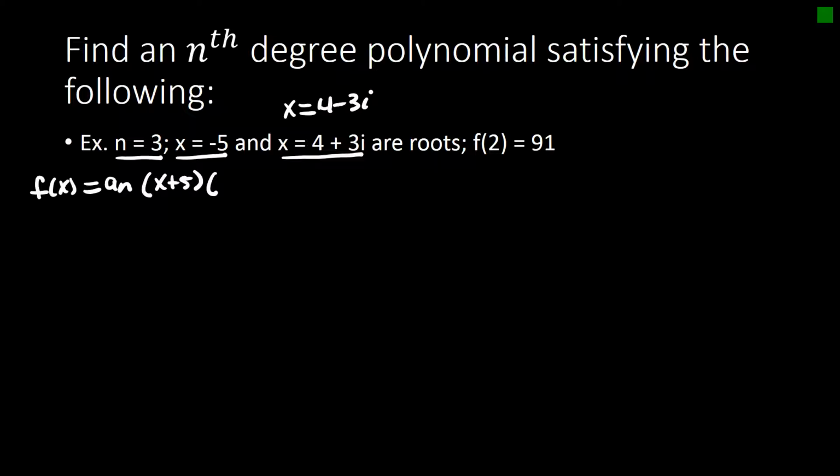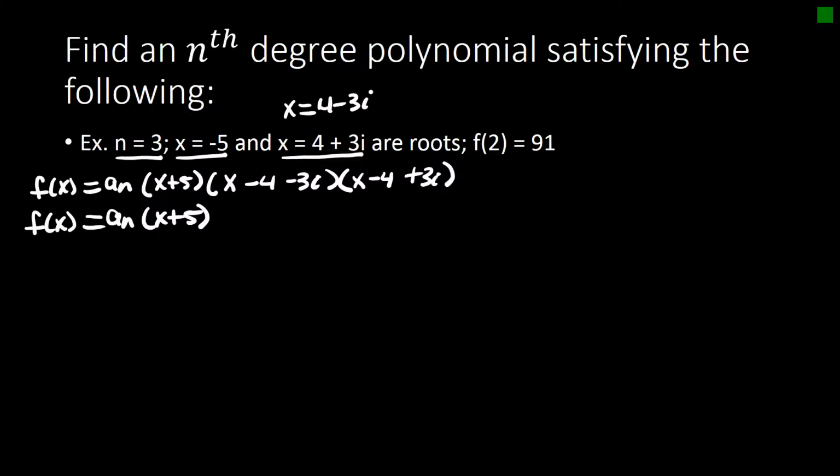Then I have x equals 4 plus 3i becomes x minus 4 minus 3i. And x equals 4 minus 3i becomes x minus 4 plus 3i. Again, we're going to go inside and look at these complex numbers. We're going to multiply those first.